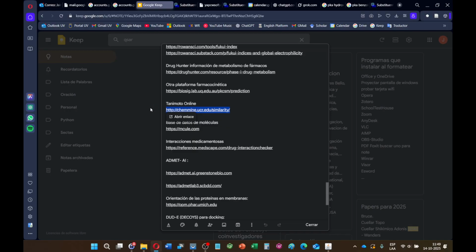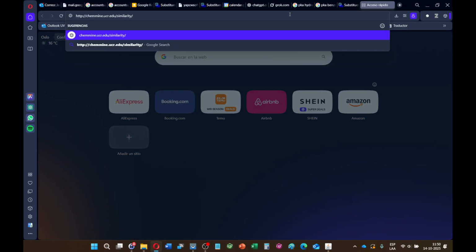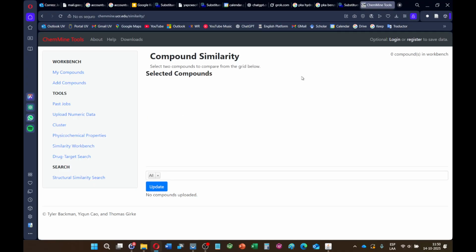We are going to go to this website that I have here, then a second, so that we project the screen. It is already projected. We go to this similarity website, and here we can calculate the exact value. We need to calculate the structural similarity.